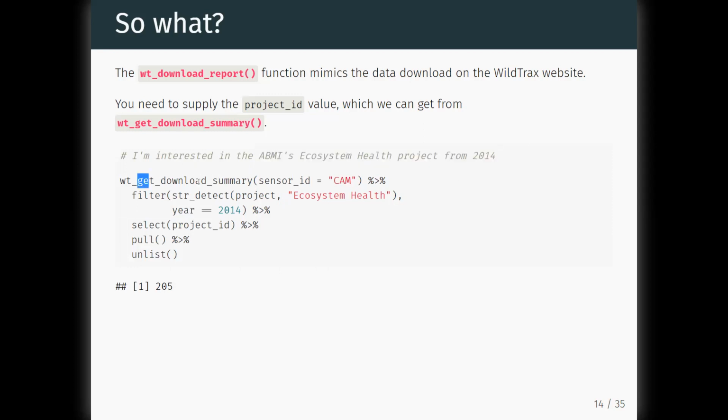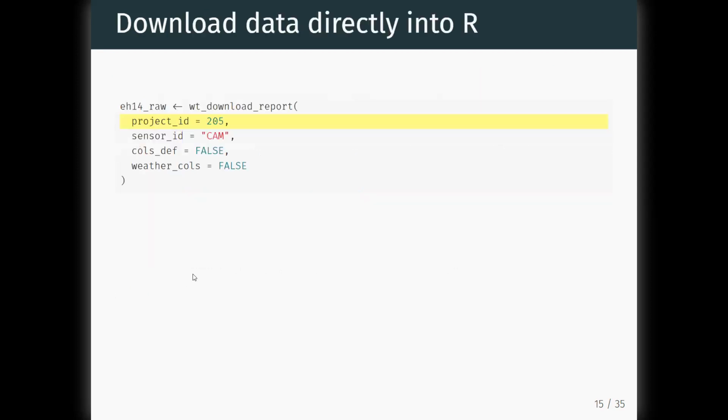I can use the get download summary function here quite easily, and I don't even need to know that it is 205. I can just entirely script it and pull that value for myself. And so I know it's 205. And then the wildRtrax download report, that's the function, I just need to supply that 205.